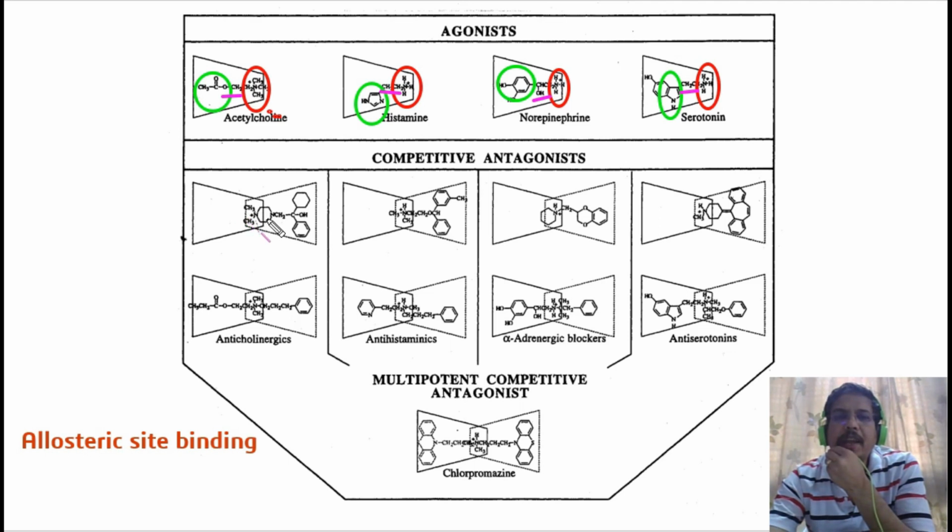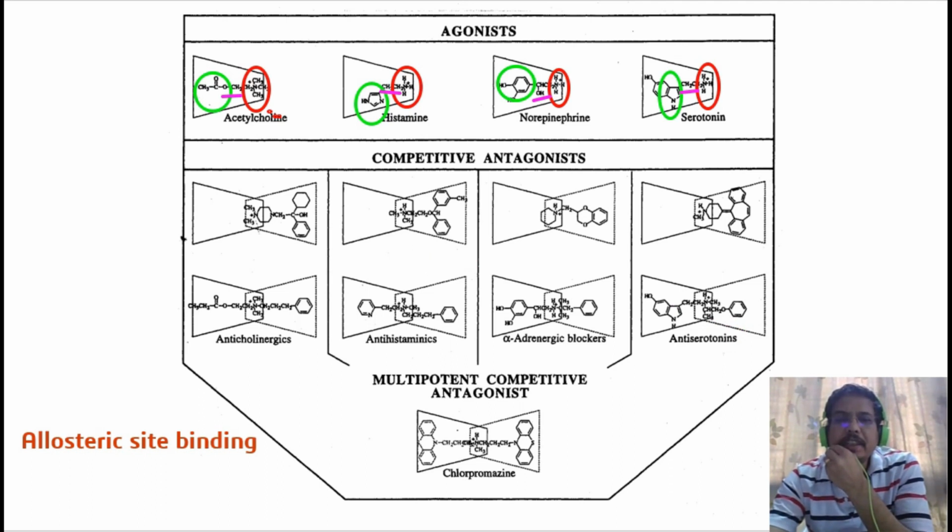Apart from that, all of the receptors have some allosteric site in them, and this allosteric orientation of all the inhibitors, anticholinergic agents, antihistaminic agents, adrenergic blockers or antiserotonin agents.